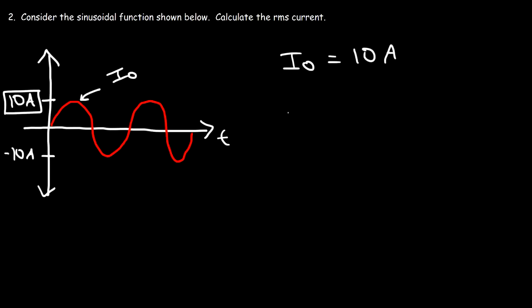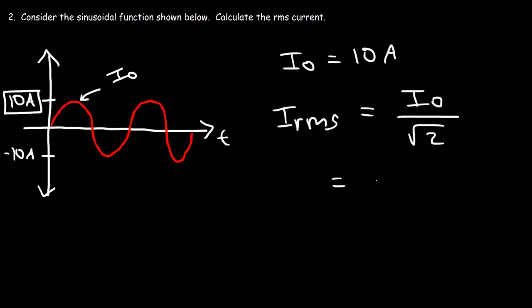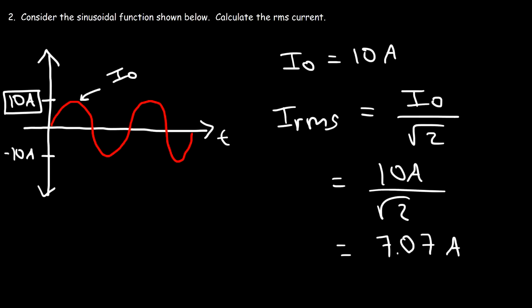So if we want to calculate the RMS current, it's going to be the peak current divided by the square root of 2. So it's 10 amps over the square root of 2. And so this is going to equal 7.07 amps. So that's how you can calculate the RMS current from the peak current.